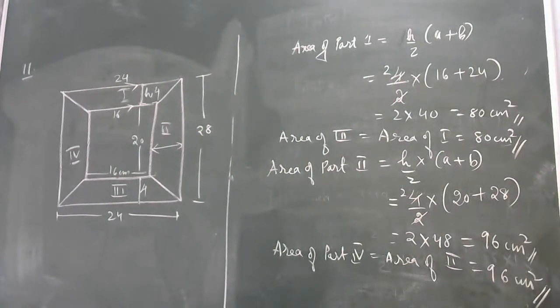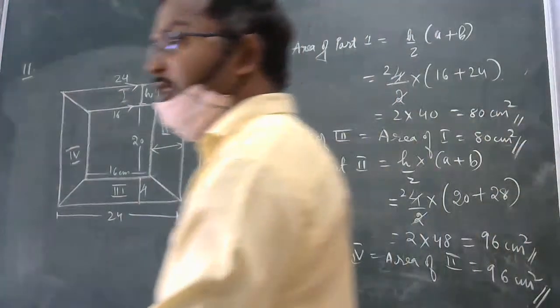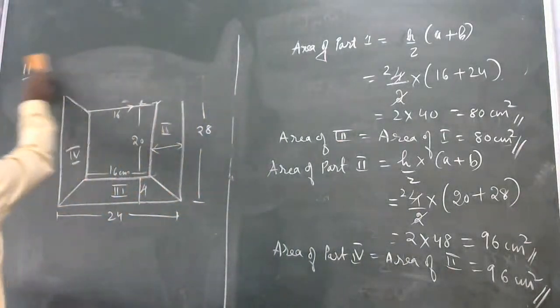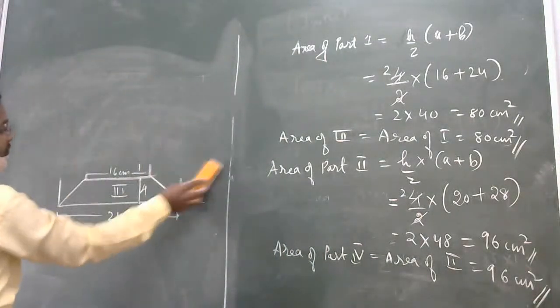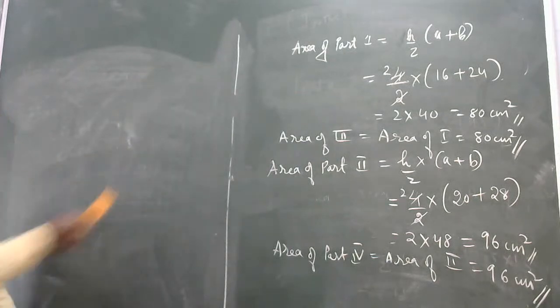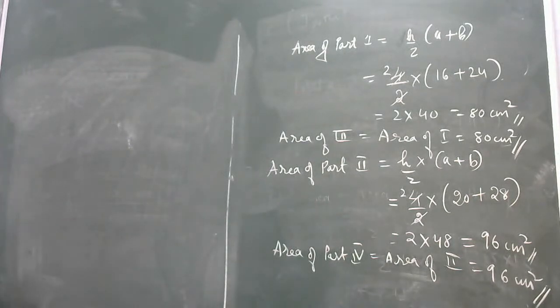After this you are having solid shapes. So in solid shapes, what are solid shapes? Give me some examples. Trapezium, rectangle, square, circle, all these are flat shapes. Then what are solid shapes?